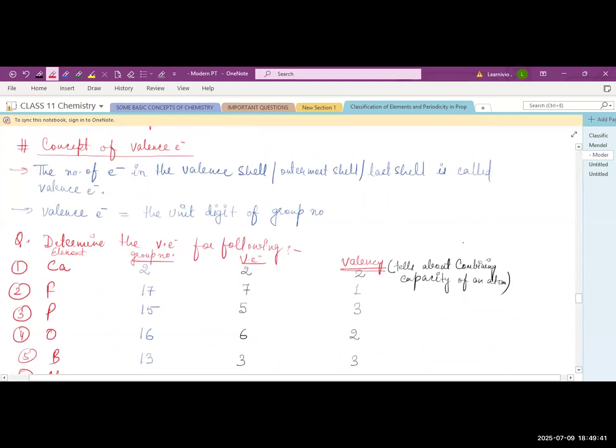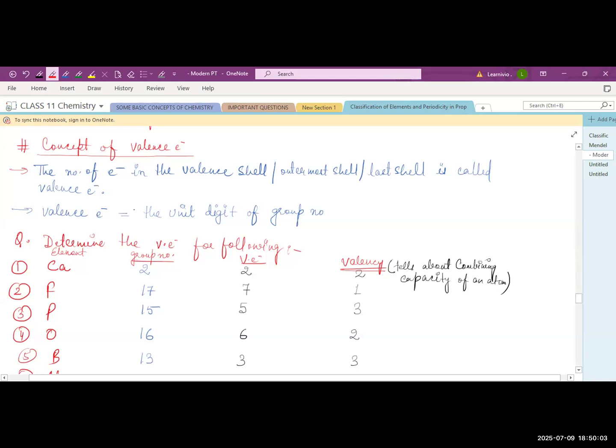Next is the concept of valence electron. Valence electron क्या होता है? The valence electron is the number of electrons in the valence shell. जो outermost shell में electron होता है, means the last shell, that electron is known as valence electron.